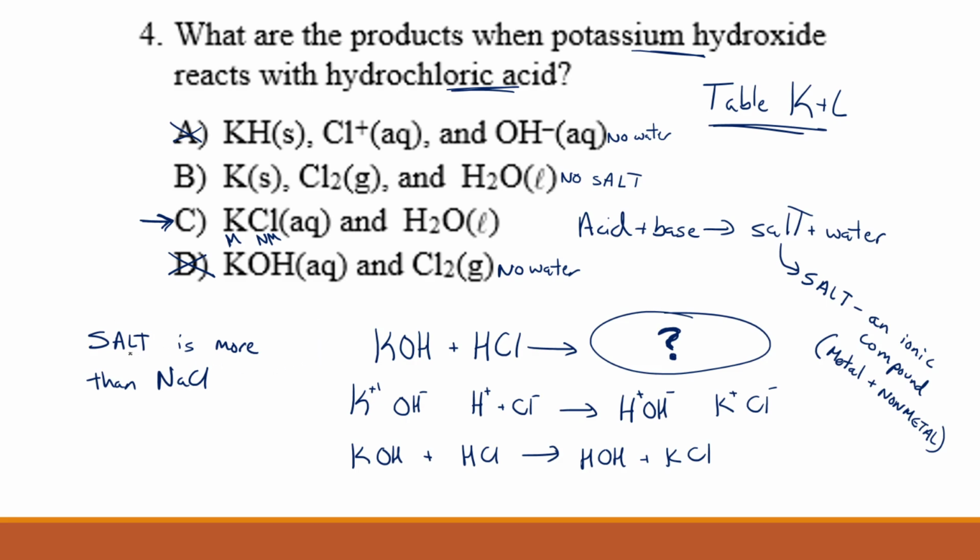But a salt is an ionic compound. So every single thing we talked about when we were talking about ionic compounds are all salts. KCl, H2SO4, BaS, these are all salts. Any ionic compound is a salt.